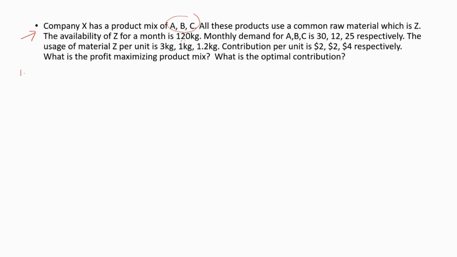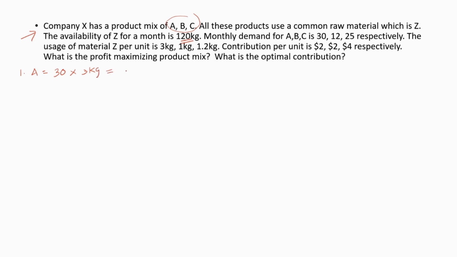We know the availability of raw material Z is 120 kilograms. Now let's calculate the need of raw material Z. For product A, the demand is 30, which means the market is demanding 30 units of product A for a month, multiplied by how many kilograms of raw material Z is needed to produce one single unit of product A, which is 3 kilograms.